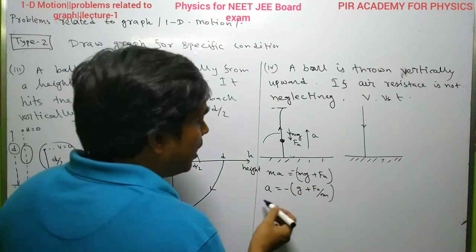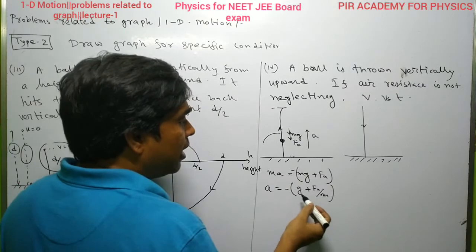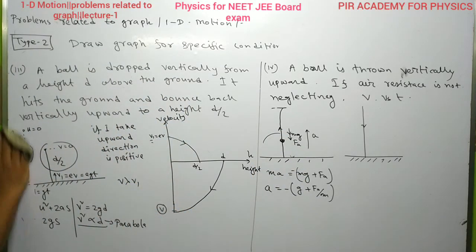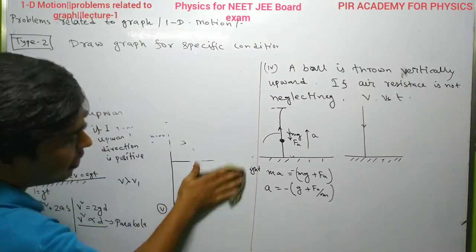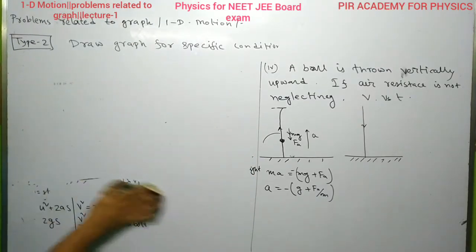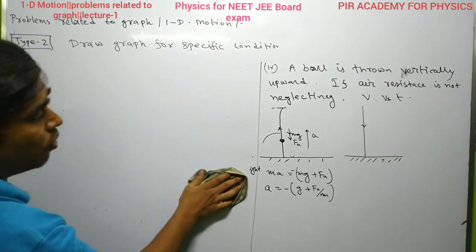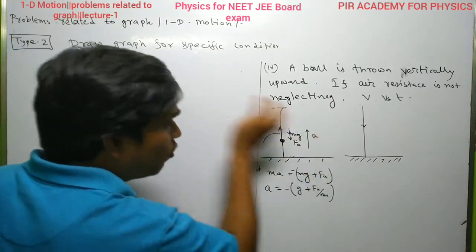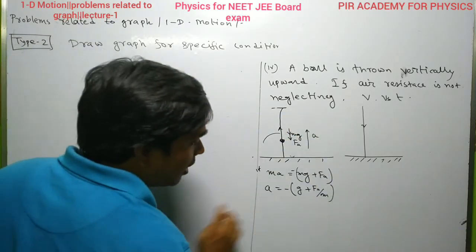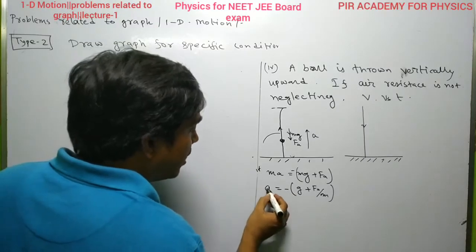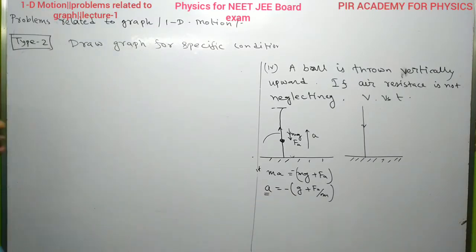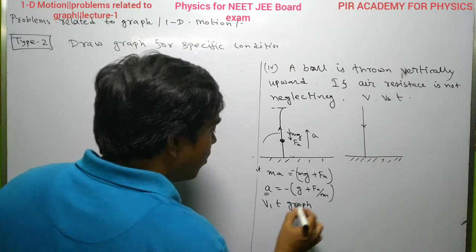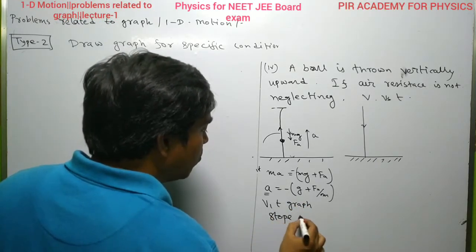For this condition the slope is negative. When the particle goes upward, the air resistance acts downward. So if I calculate the resultant acceleration in this condition, the acceleration is negative. So in the velocity-time graph, the slope must be negative.